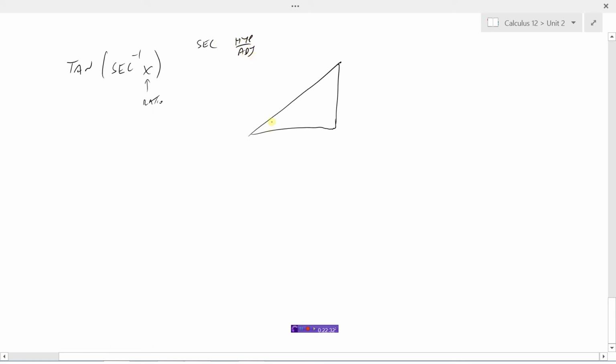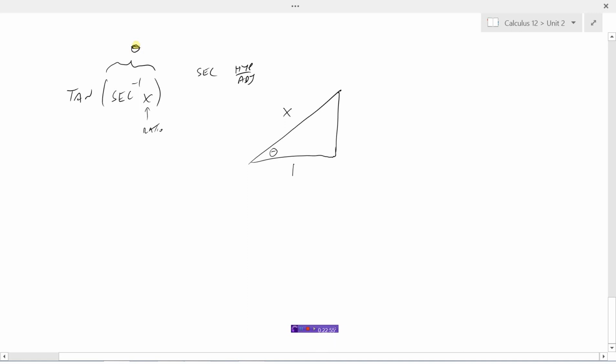So here's our angle theta. Secant is hypotenuse over adjacent. So this must be x and this must be 1. And now we have in our little sketch theta right here. And we have to find tan of theta. There we go. Tan theta.